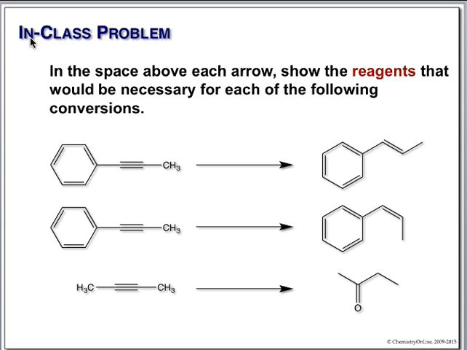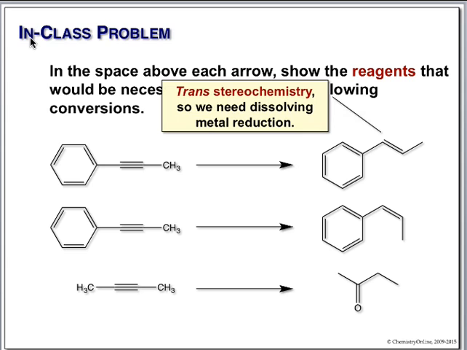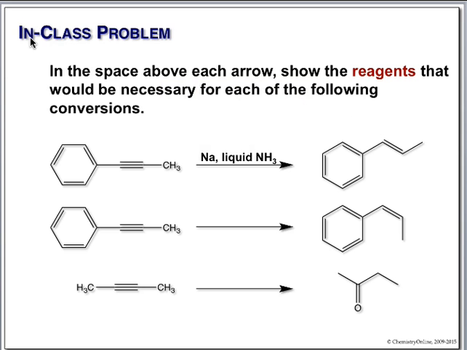Again, stepwise reduction to give us the trans stereochemistry. Here I did sodium dissolving in liquid ammonia. Remember, this is different than sodium amide. Sodium amide is a very strong base. That's sodium previously dissolved in liquid ammonia.